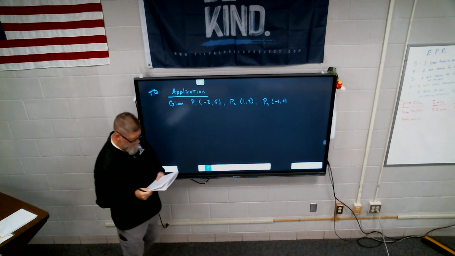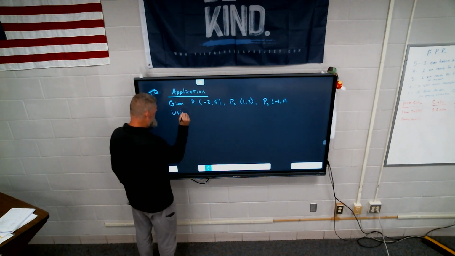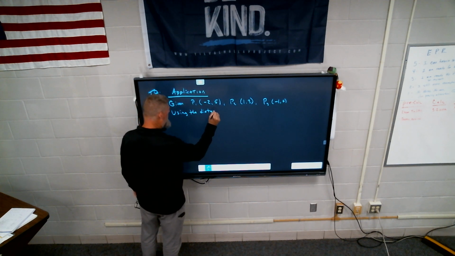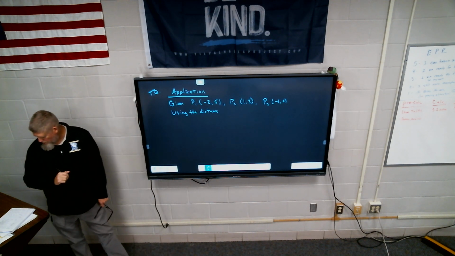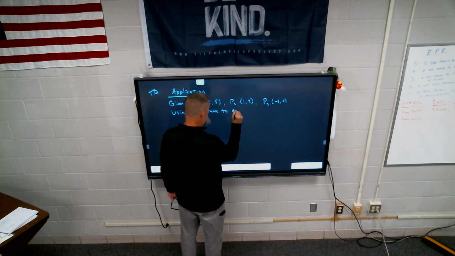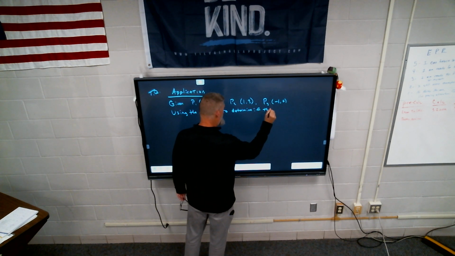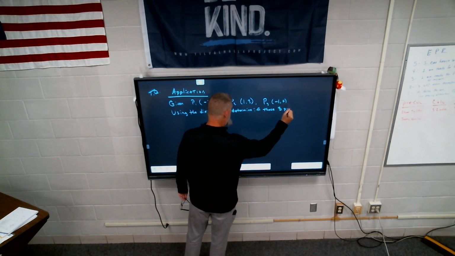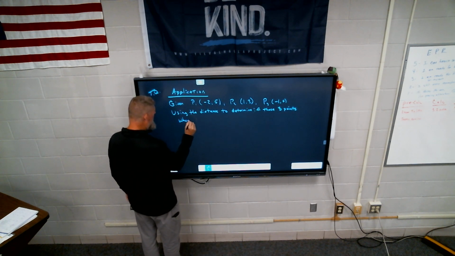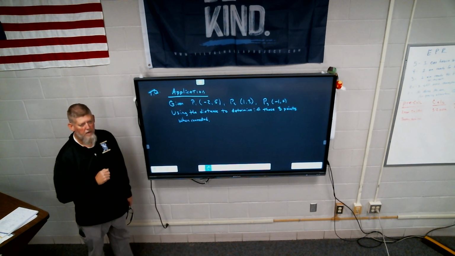Using the distance formula, the question's going to say using the distance formula, because there are other ways to do this. So I want you to use the distance formula to determine if these 3 points, when connected, create a right triangle.